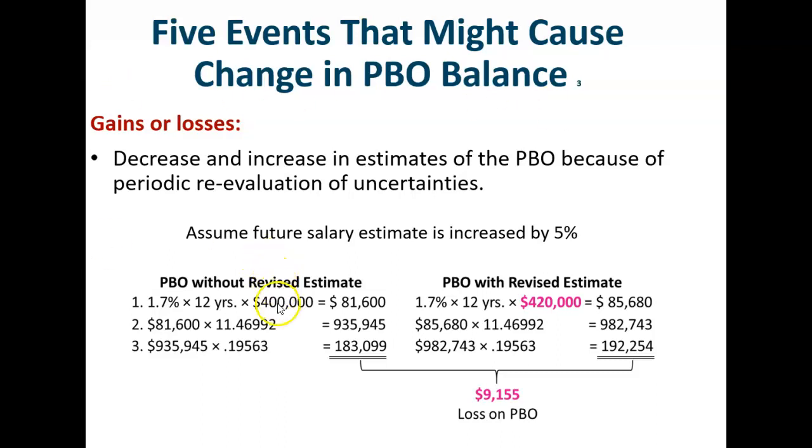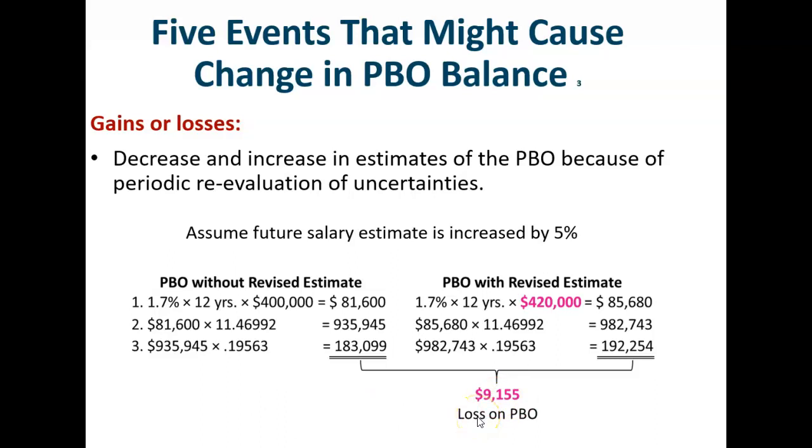Previously, it had been estimated at $400,000. Now the estimate is $420,000. Running the exact same calculations through, the required balance in the PBO is $9,155 higher than it had previously been estimated.